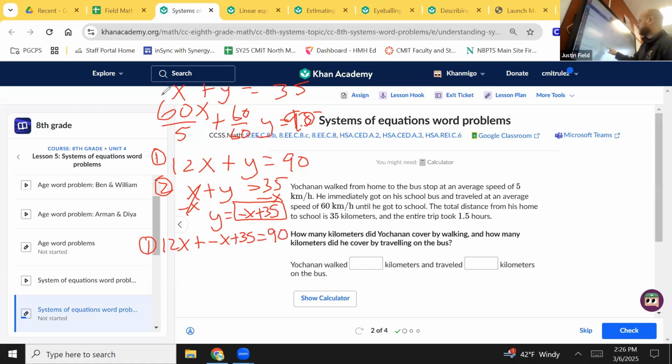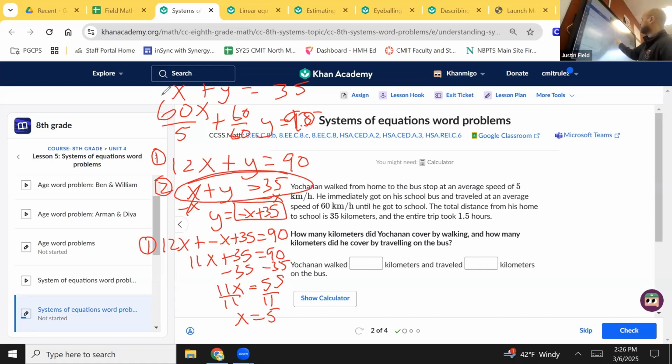Now 12x minus x is 11x plus 35 equals 90. Now I subtract 35, and we get 55 equals 11x, which means x equals 5. And then I know x plus y is 35, right?